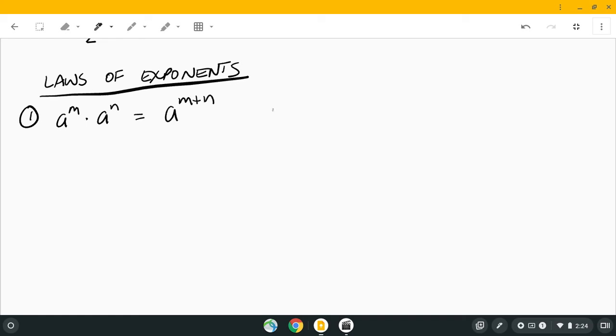Okay, so for example, if you have 2 cubed times 2 squared, then we don't do 2 times 2 is 4. We don't do that. Okay, this becomes 2 to the 3 plus 2, which is 2 to the 5th.